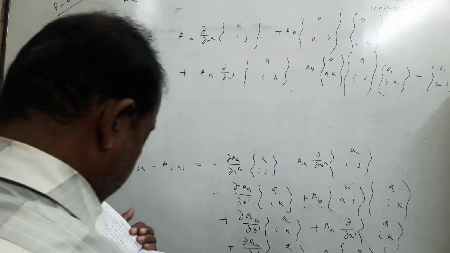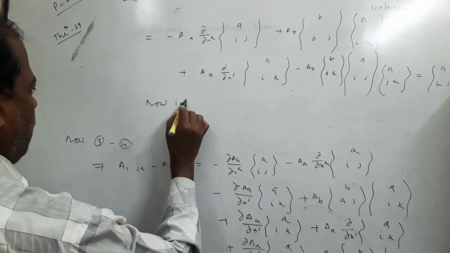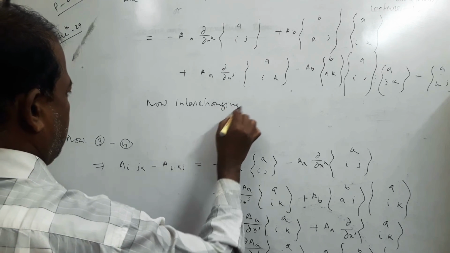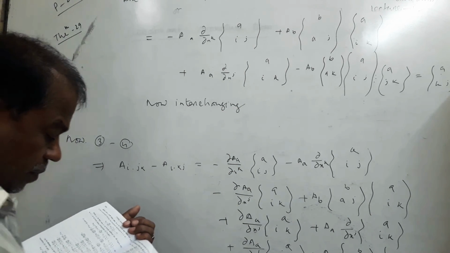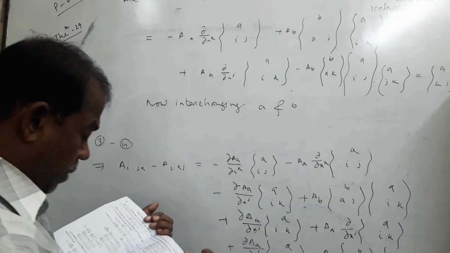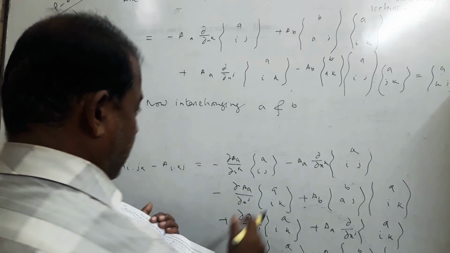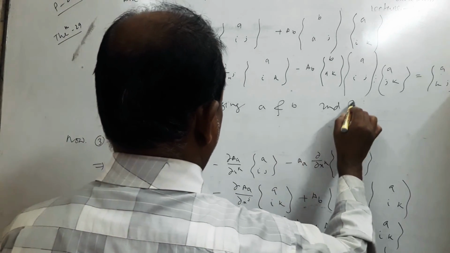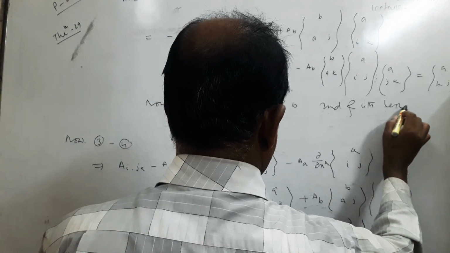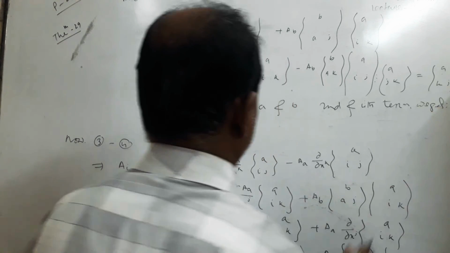a and interchanging now interchanging a and b, and now interchanging a and b in the second and fourth terms we get, right?